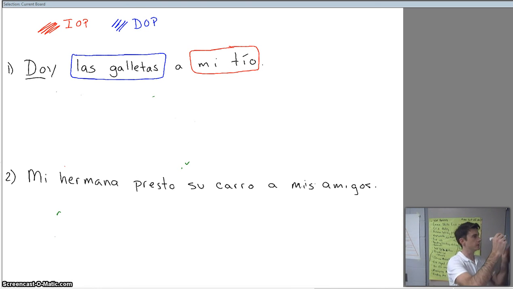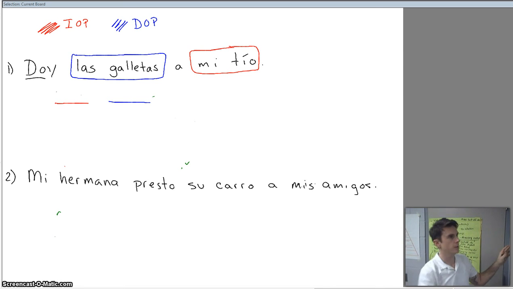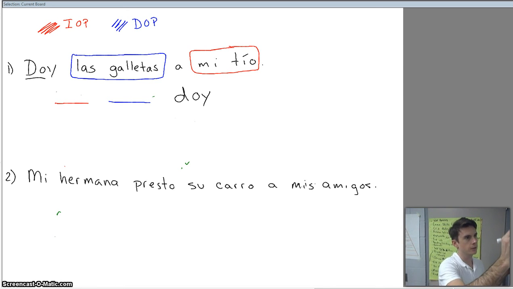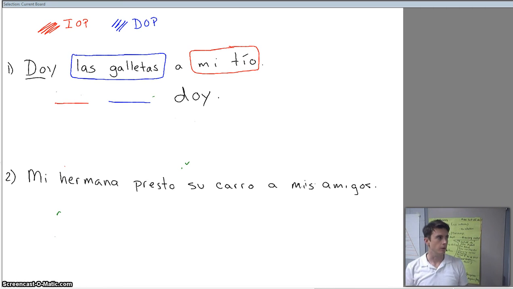So it's always IOP first, then DOP, and then the conjugated verb. Remember, pronouns go in front of the conjugated verb. Alright, so it's IOP, DOP, conjugated verb.